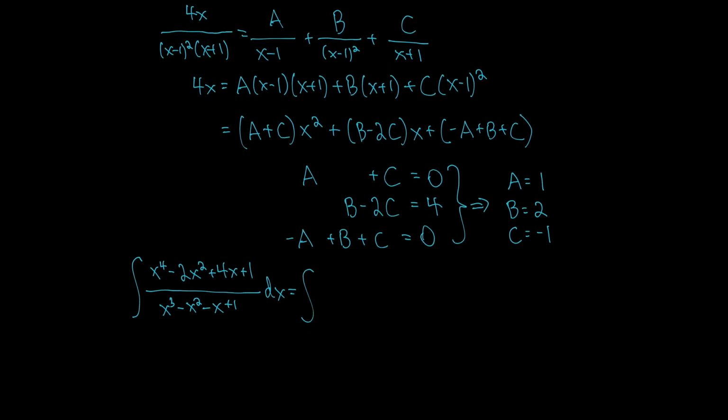So that means my integral becomes x plus 1 plus A over x minus 1. And we said A was 1, so that's 1 over x minus 1. Plus B is 2, so 2 over x minus 1 squared. And then minus 1 over x plus 1.